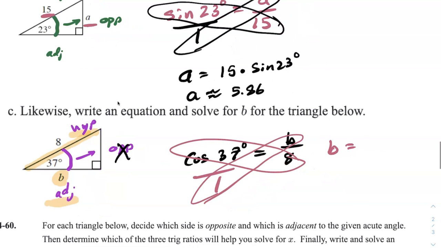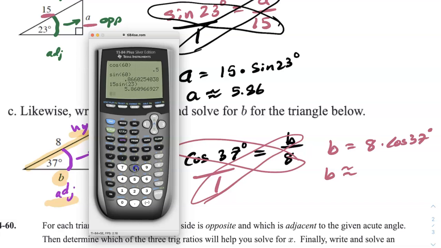B equals 8 times cosine of 37. Put this into our calculator: 8 times cosine of 37, and we get 6.389. I guess 6.39. And there we go. That's the lesson.